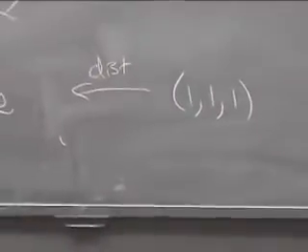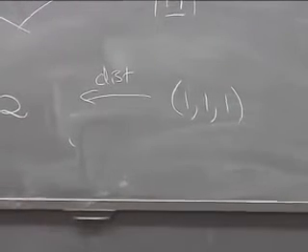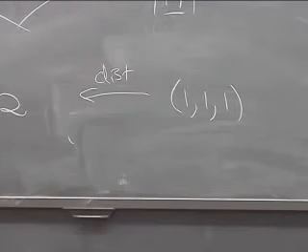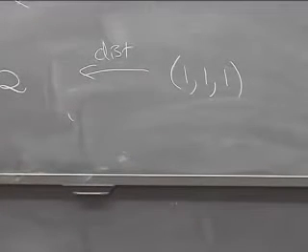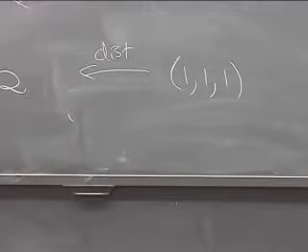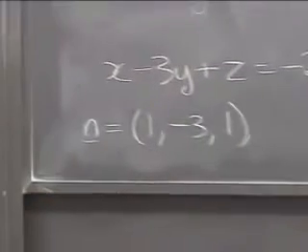So you have to recognize it's a plane, not a line, because otherwise you'd be using the cross product. And I want the distance from that point to that plane. So how am I going to find it? Well, what I will do is consider the normal that I'll use is 1, minus 3, 1, as before. I'm just reading off the coefficients.